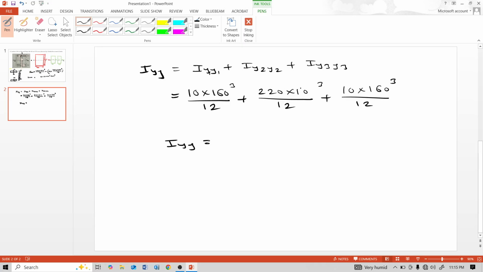Now solve. 10 into 160 cube divided by 12 plus 220 into 10 cube divided by 12 plus 10 into 160 cube divided by 12 is 6.845 into 10 raised to 6 mm raised to 4.